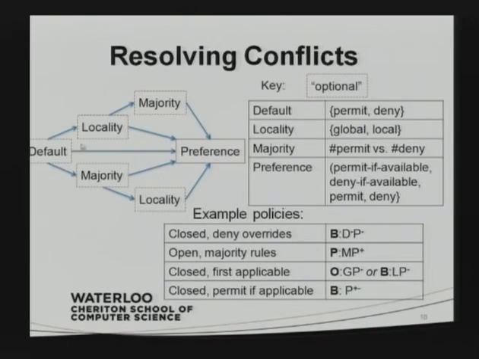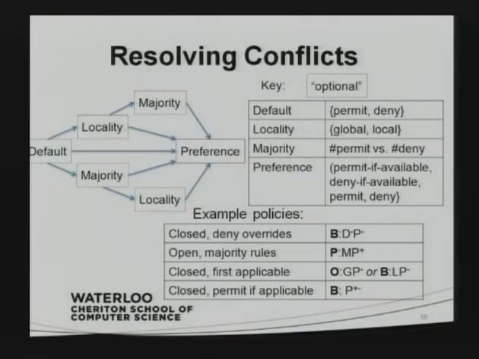Do I take into account a default when I am doing my conflict resolution? And if so, is the default permit or deny? Do I take into account the distance from the particular subject or the particular object where that permission is initiated? If so, locality, then I might prefer the global one, the one that's furthest away, or I might take the local one, the one that's closest to me.